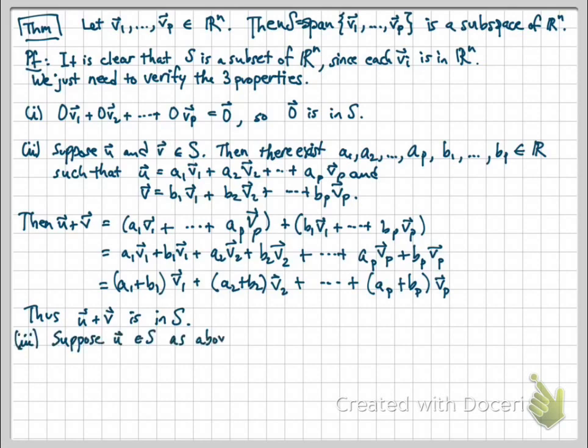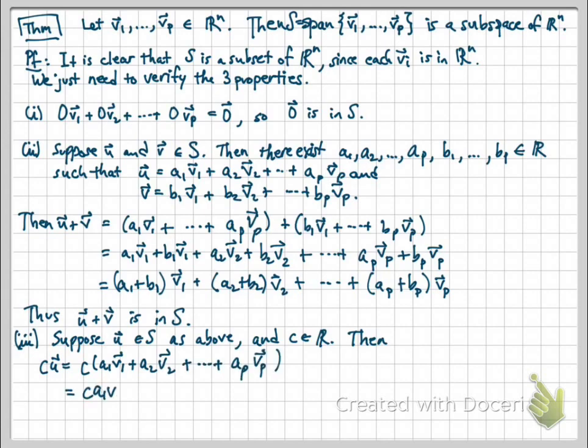Third, now I take a vector u as above and a scalar c, and I want to show that the scalar multiple is also in S, meaning I need to show that c times u is a linear combination of v1 up to vp. So I just compute c times u and use properties of scalar multiplication.